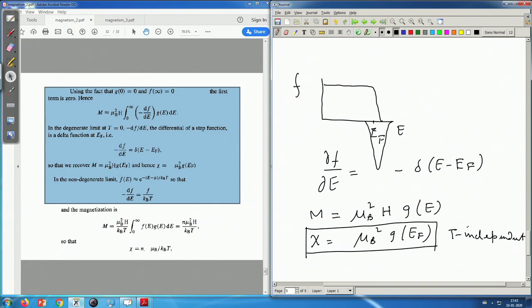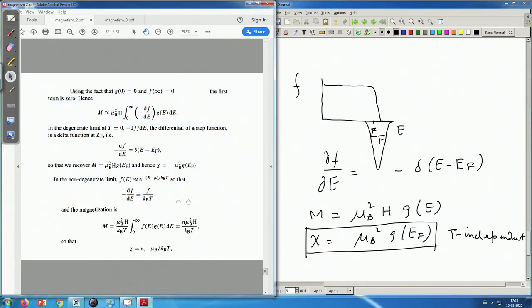The other interesting thing that, as an aside, one can mention is that if you are working in the non-degenerate limit, like at very high temperature, then of course your Fermi function will be replaced by a Boltzmann function again, and you can do this for yourself. You can check that minus del f/del E now is f by kBT, and magnetization therefore comes out to be n mu b square h.